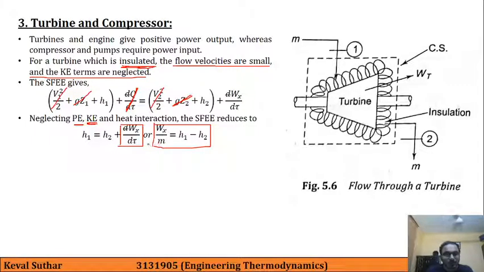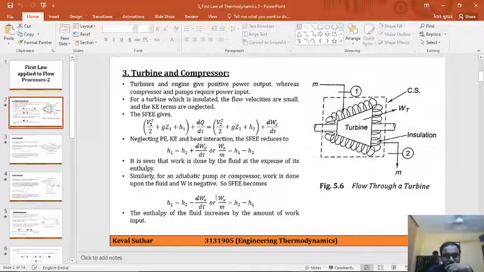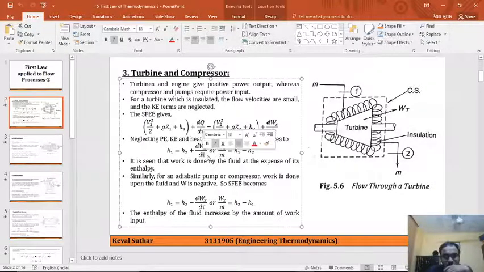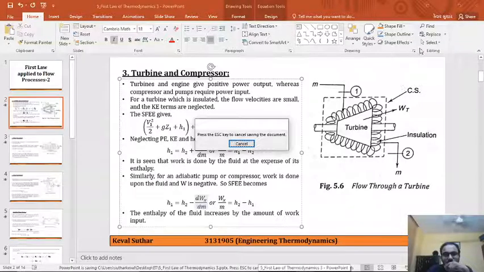Here actually it should be in mass terms, so this equation is in the rate form. However, we are going to utilize the equation in the per unit mass form, so this will be m. So let me edit this. So the mass term equation, let me write down that.